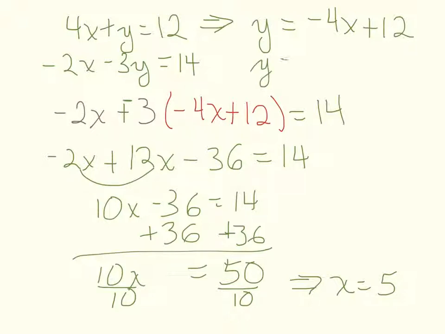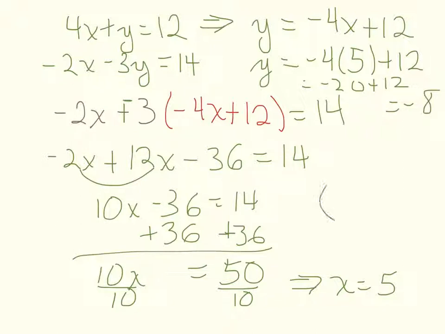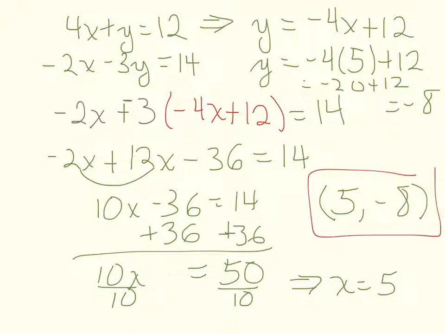We have y is equal to negative 4 times 5 plus 12. So negative 4 times 5 is a negative 20 plus 12. That means y is equal to negative 8. Okay, so our ordered pair is 5 comma negative 8. So there you go. There's our final answer.